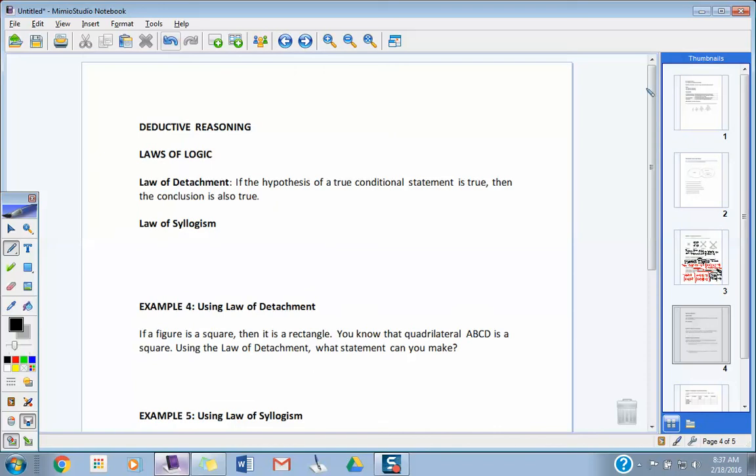Okay, so we've been looking at a lot of things that involve patterns so far, which, that's great. It's considered inductive reasoning. So I want to go ahead now and maybe focus a little bit more on deductive reasoning. Reasoning based on facts or logic or definition. And you don't need to write that down.